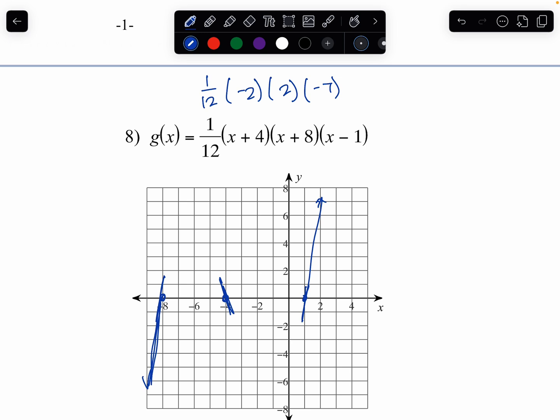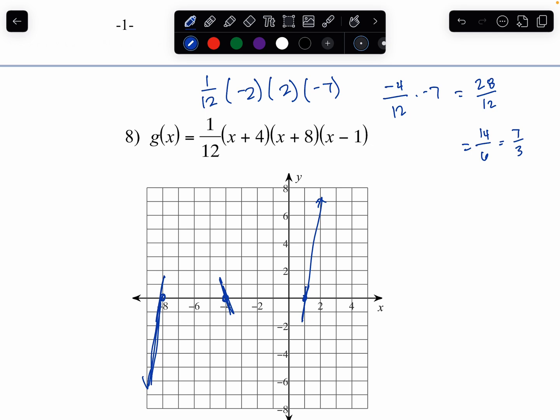So this is going to become -4 over 12 times -7. -7 times 4 is 28. So 28 over 12, which is going to be equal to 14 over 6, which is going to be equal to 7 over 3. And that's going to be 2 1/3.